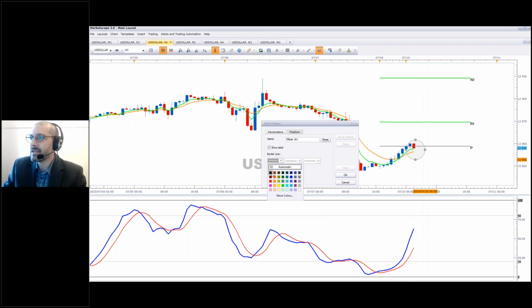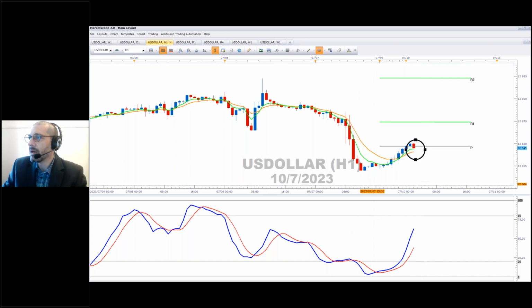Let me just make this easier on the eye. Okay, there we go. So the EMAs, if we get a cross down on the EMAs, that would be trigger 1, and then if we get a cross down on the stochastic, that would be trigger 2.